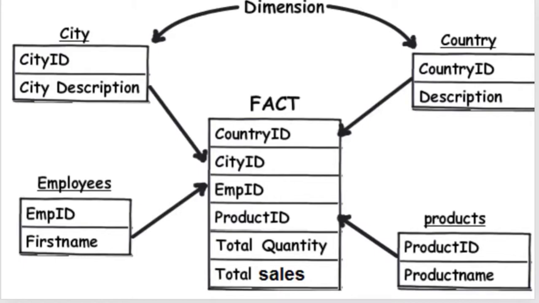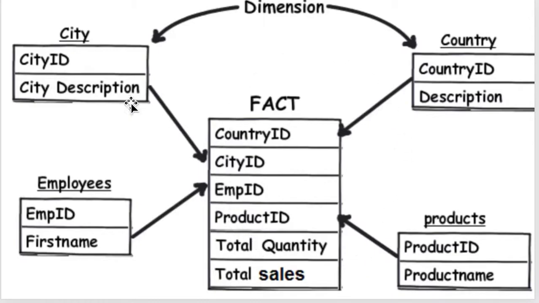This is an OLAP design, and here is the fact. We also have 4 dimensions tables. The city reference to city ID, country reference to country ID, products reference to product ID, and employees references to employee ID.